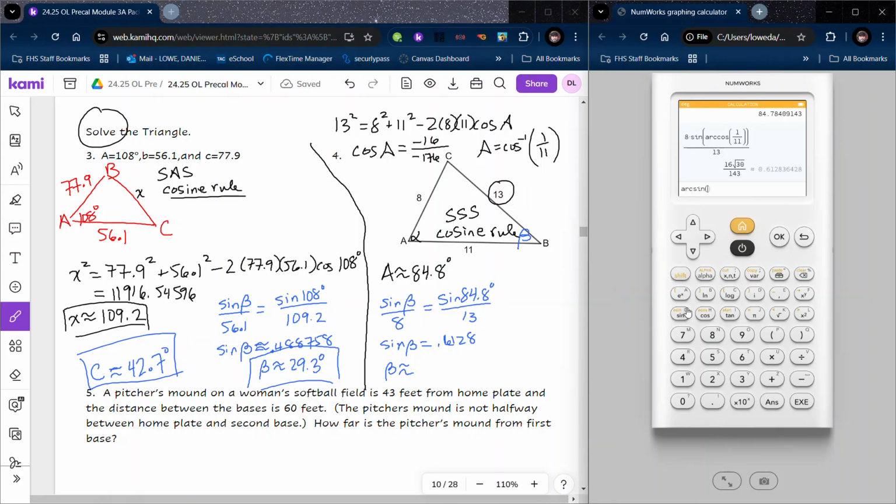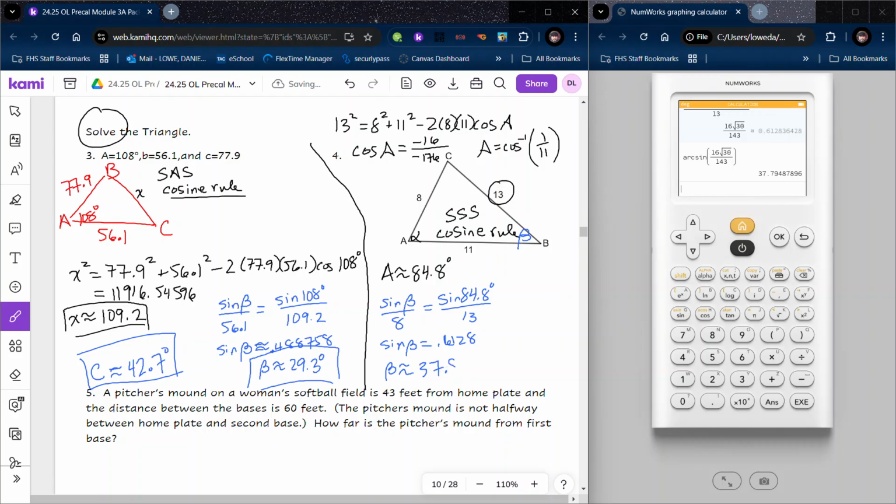So take the inverse sine of that. That gives me 37.8 degrees. That should be my smallest angle.